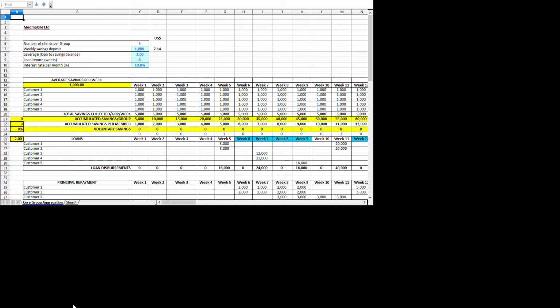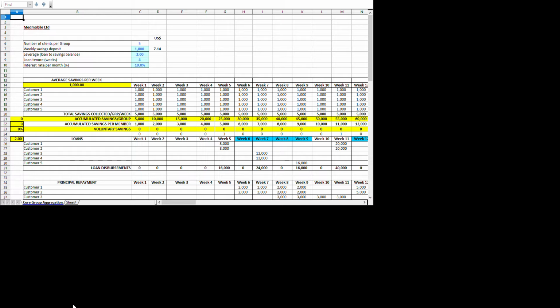Now looking at the first set of rows, rows 13 to 22, you see the activity of the savings of the group. You see the 5 customers there. You see week 1, week 2 up to week 11 on the screen, and you see $1,000 each week. In row 20, you have the total savings collected from the group every week.